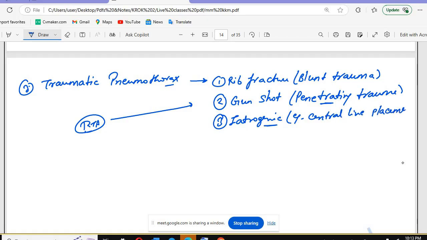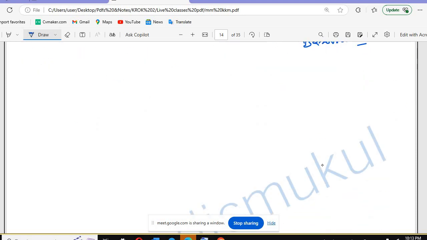Then we have lung biopsy, during which it can injure the lungs, or it can be barotrauma, trauma of the thorax region. So central line placement, lung biopsy, barotrauma are some iatrogenic causes. They will cause traumatic pneumothorax.